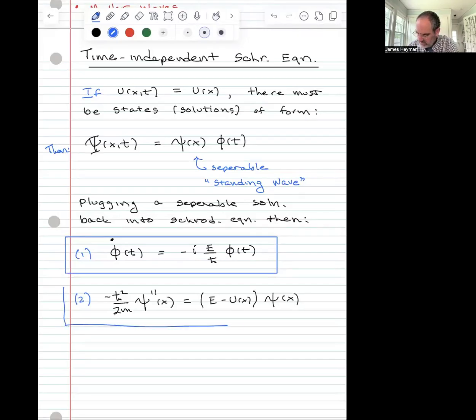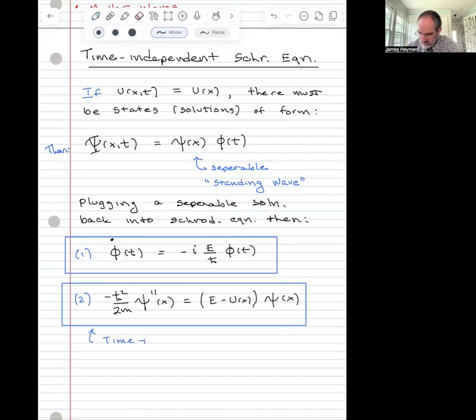We're going to use the second one to find bound states or energy states of different potentials going forward in our course. In fact, this equation is so important it has a name. It's called the time independent Schrodinger equation.